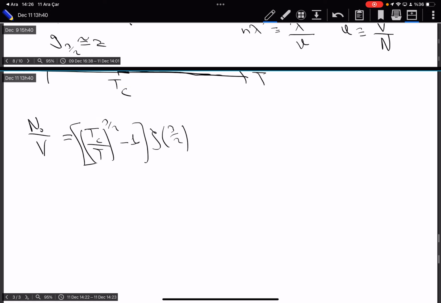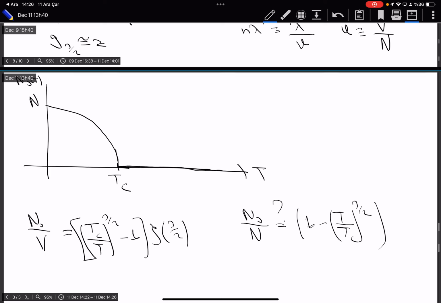Now, if you convert this to n0 over N, what you should get is 1 minus T over Tc to the power 3 halves. If you convert, instead of V, if you use N, this is what you should get.